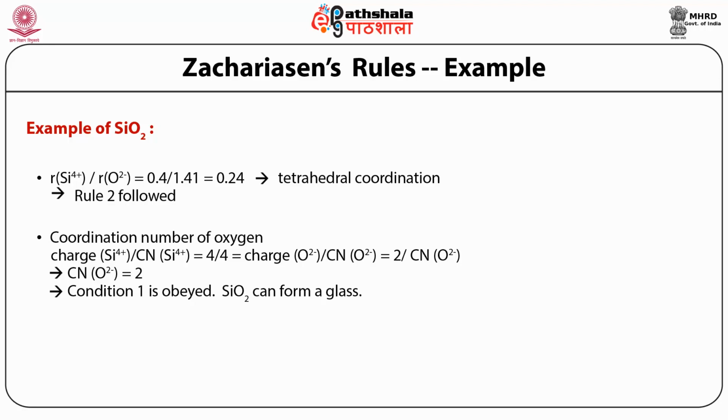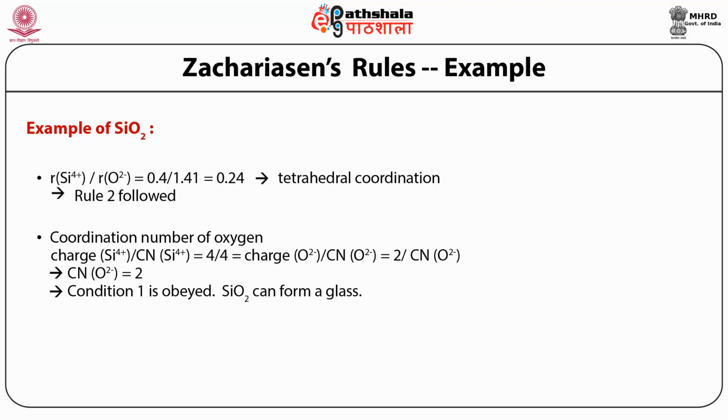Based on these rules, Zachariasen predicted that the following oxides should form a glass. Some of the examples are B2O3, SiO2, GeO2, P2O5, As2O3, and so on. Out of these, only a few can be made into glass under ordinary conditions.